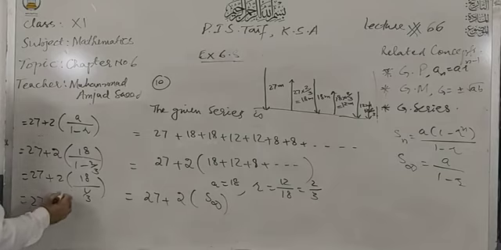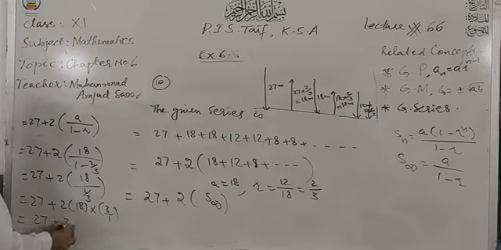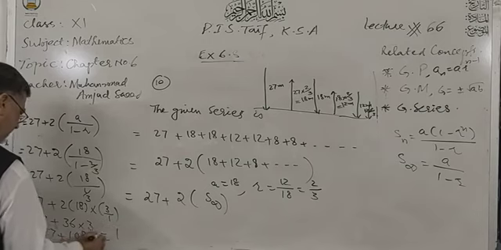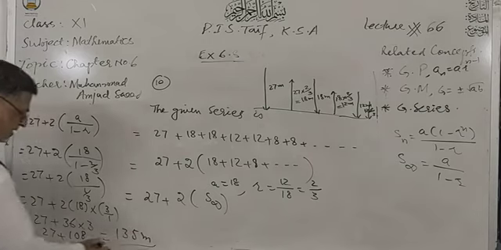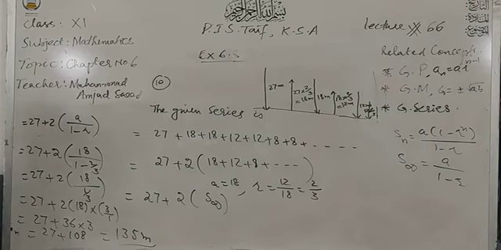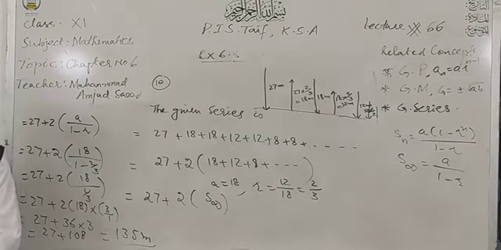So 27 plus 2 into 18, and this 1 over 3 will become 3 over 1. In this way, 2 into 18 is 36, into 3 is 108, so 27 plus 108, and then it will be 135 meters. Dear students, this is the distance of the ball before coming to rest. That's your answer.